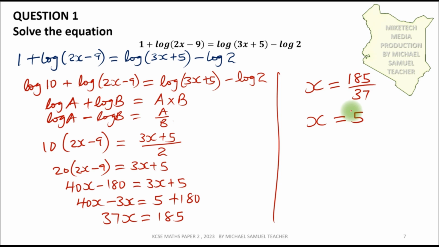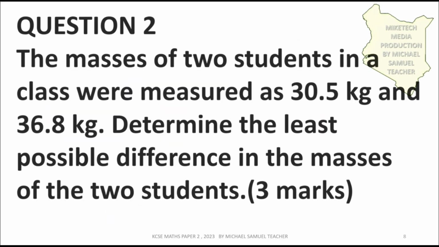So we can move on to question 2. The masses of two students in a class were measured as 30.5 kilogram and 36.8 kilogram. Determine the least possible difference in the masses of the two students.